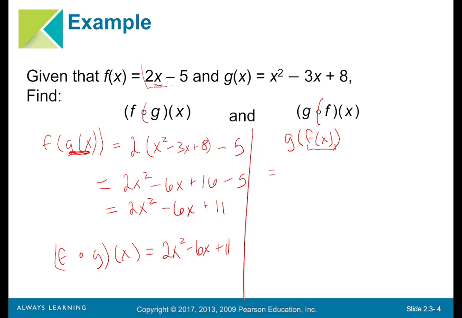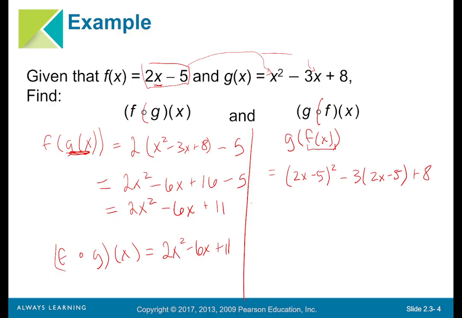I'm plugging in 2x minus 5 everywhere I see an x. So I'm looking at (2x minus 5) squared for the first term, minus 3 times (2x minus 5), plus 8. So now I've plugged in 2x minus 5 everywhere I see an x inside of g. That's the order it asks us to go in this time.